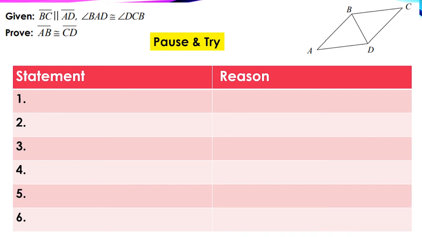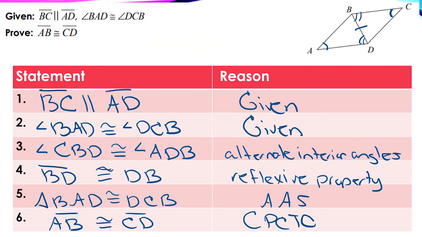So go ahead and pause the video and try this one on your own. Okay, so hopefully you got this proof correct. Again, your given statements can be flipped, as well as statements 3 and 4. The last statement before CPCTC should be one of your triangle theorems. And so I hope that you got this proof correct.